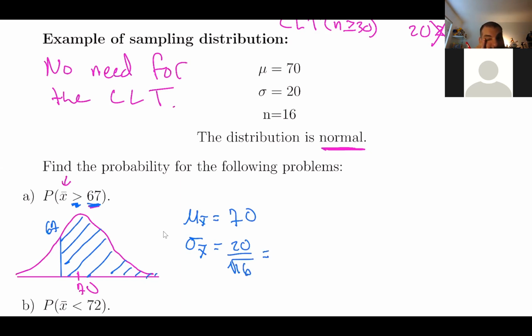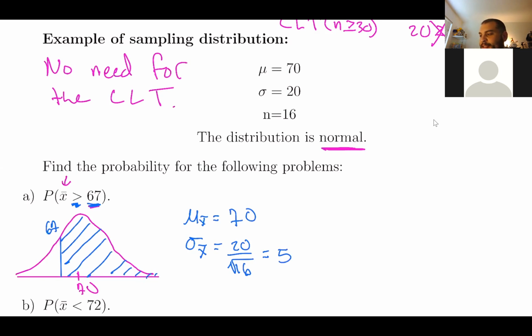So what's 20 divided by square root of 16? 5. Everybody good? So far I got mu of x bar is equal to 70 and sigma of x bar is equal to 5.